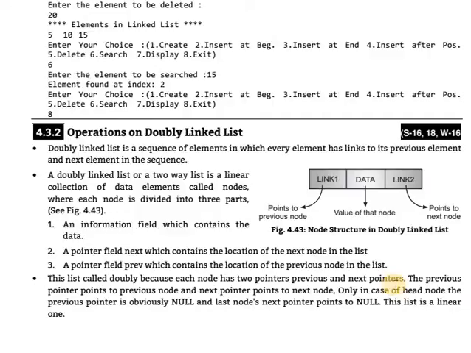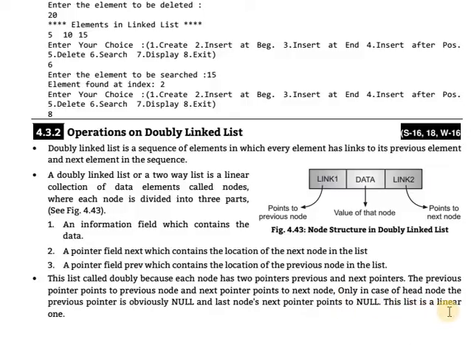The previous pointer points to the previous node and the next pointer points to the next node. Clear? Only in case of head, meaning the start node, the previous pointer is obviously null because it is the first node, and the last node's next pointer points to null because it is the last node.